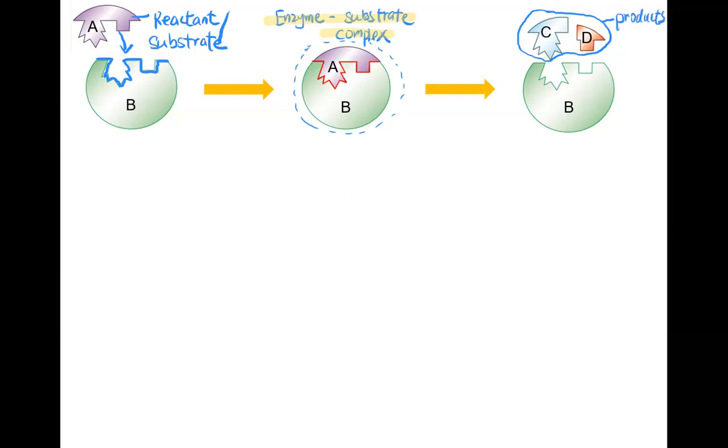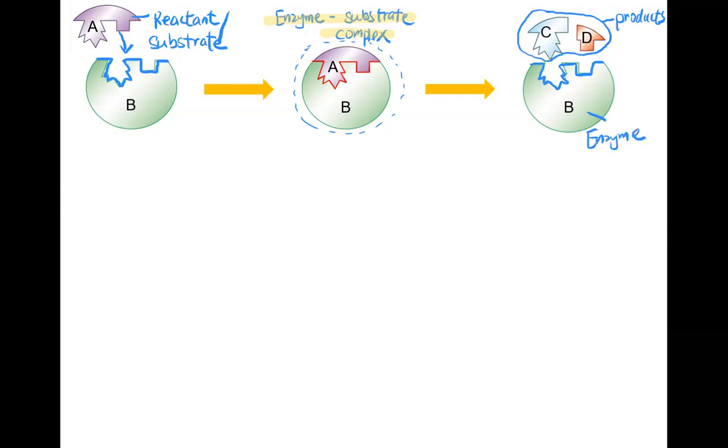Okay, and you can find out that the active site of the enzymes does not change after the reactions, right? The active site of the enzyme does not change after the reaction. So B, it is referring to the enzyme.